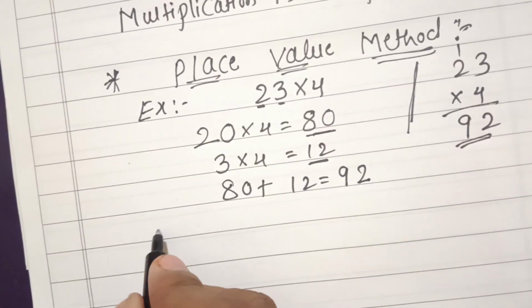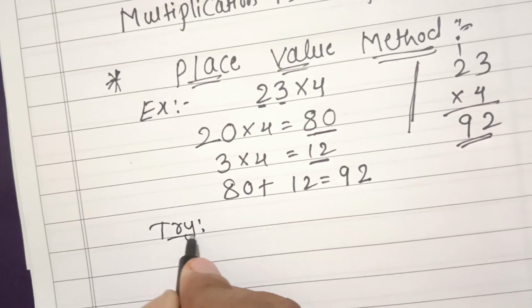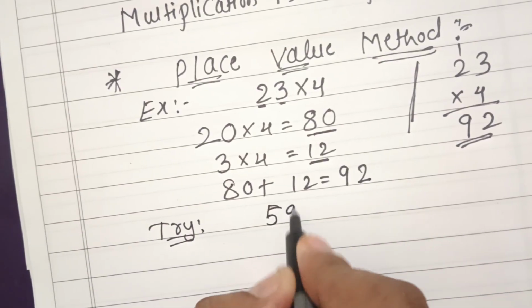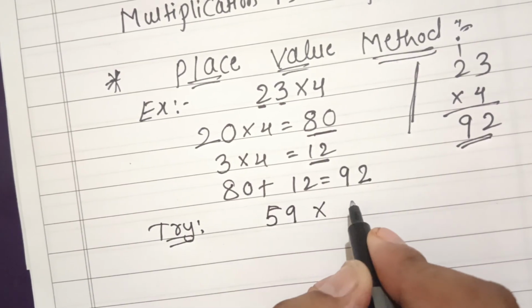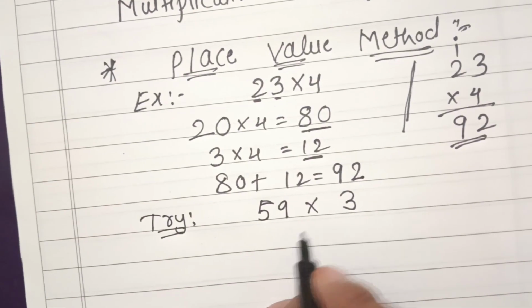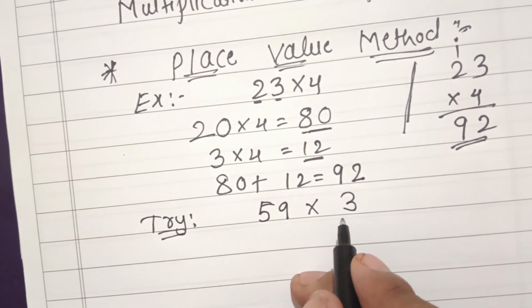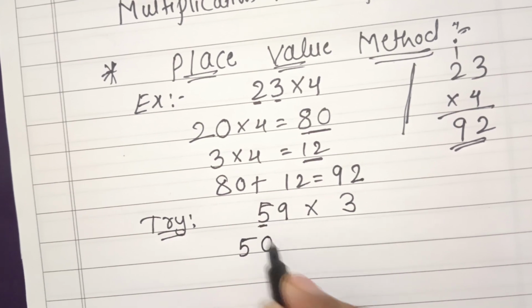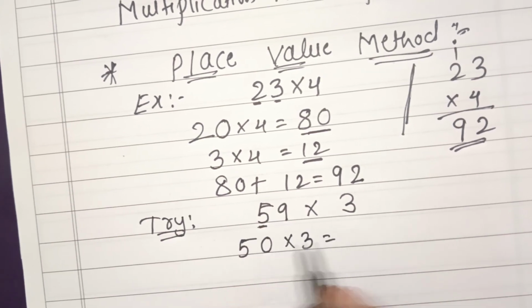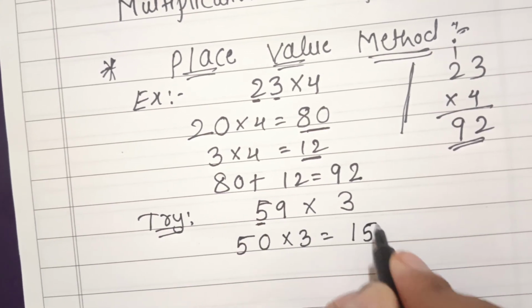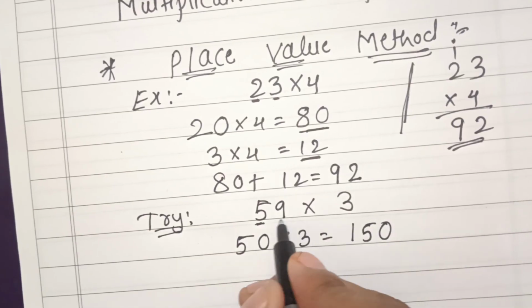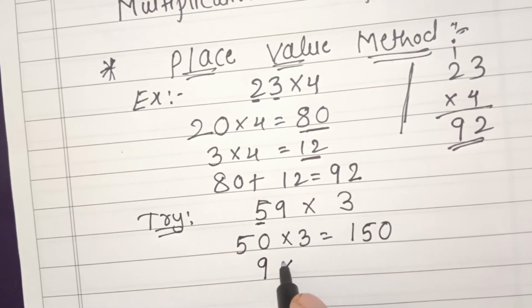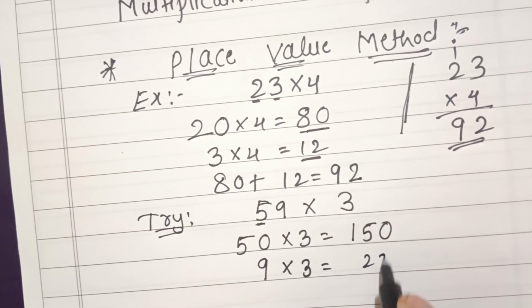Let us take one example. Please try this question by yourself. 59 into 3. How can we solve this question? Similarly, with place value, first write the 5. The place value of 5 is 50, into 3. 50 into 3, how much will we get? 5 times 3 is 15 and a 0, so 150. Next, the place value of 9 is 9, into 3. 9 times 3 is 27.